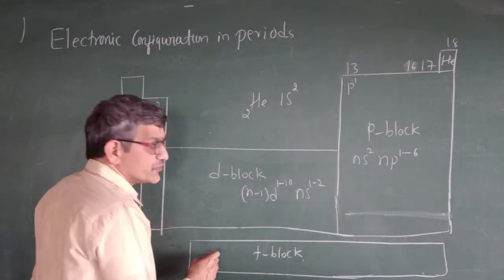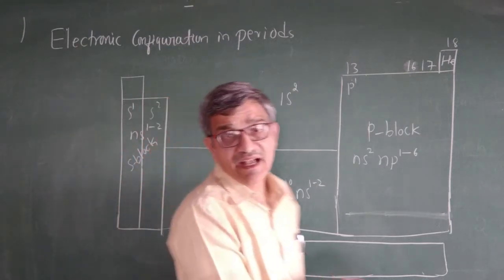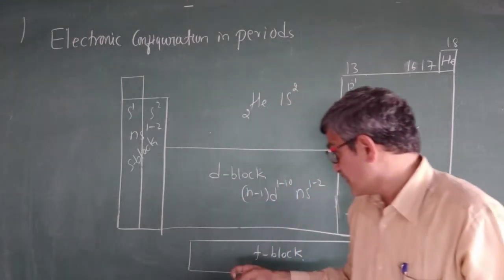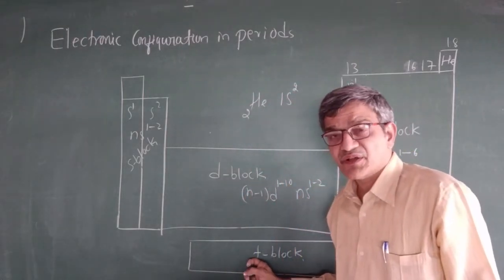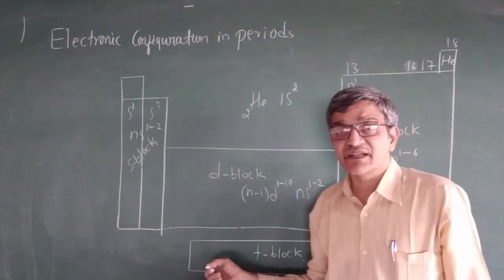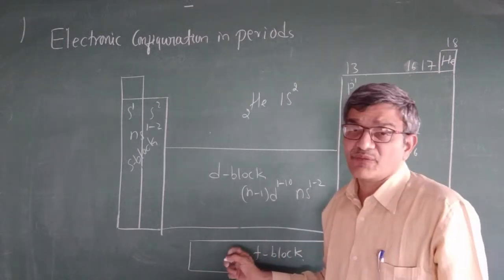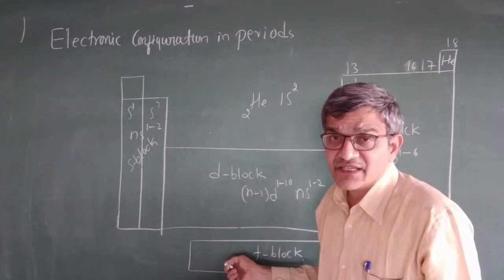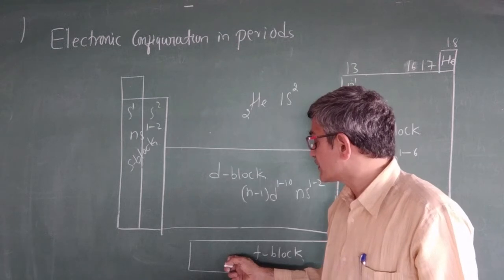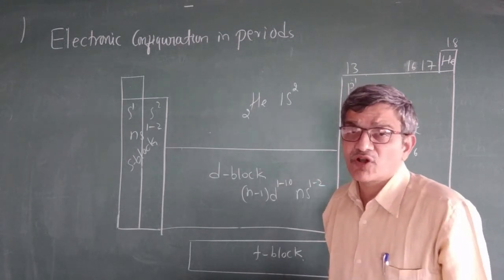Next is the f block element. The f block elements are below the main periodic table, where we have two rows, that is the lanthanides and the actinides. Why are they called f block elements? Because the electrons are entering into the f orbital. ಎಲೆಕ್ಟ್ರಾನ್ f orbital ನಲ್ಲಿ enter ಆಗೋದ್ರಿಂದ they are called f block elements.